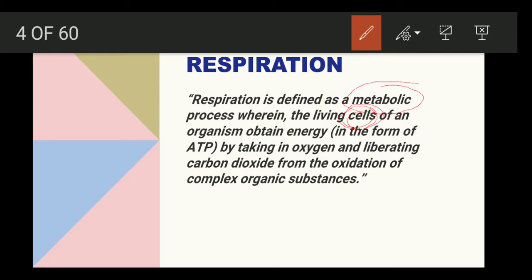It actually takes place in the cells where every organism is trying to get energy by breaking down complex organic substances so that they can be absorbed by the body, and this happens in the presence of oxygen. And as a waste product, carbon dioxide is given out.